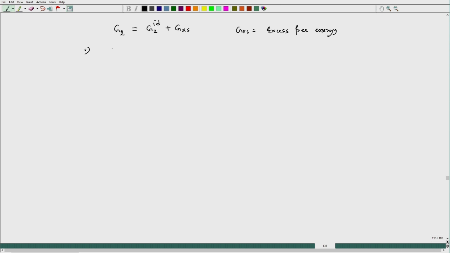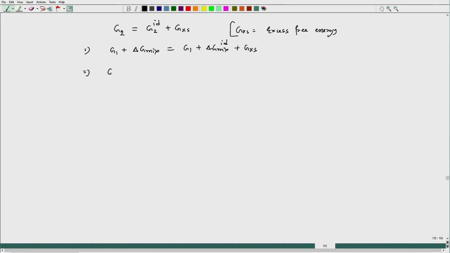So, G2 in this case is nothing but G1 plus delta Gmix, equal to G1 plus delta Gmix ideal plus G excess.